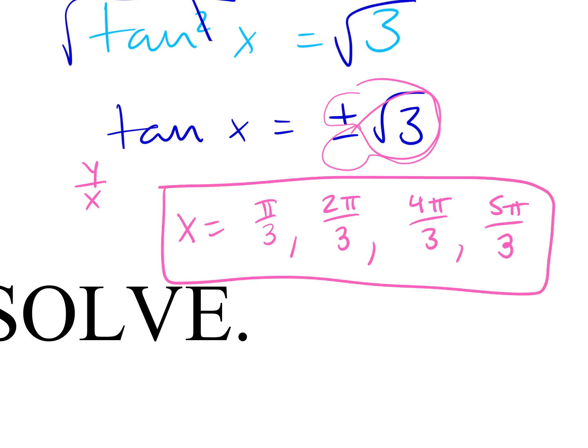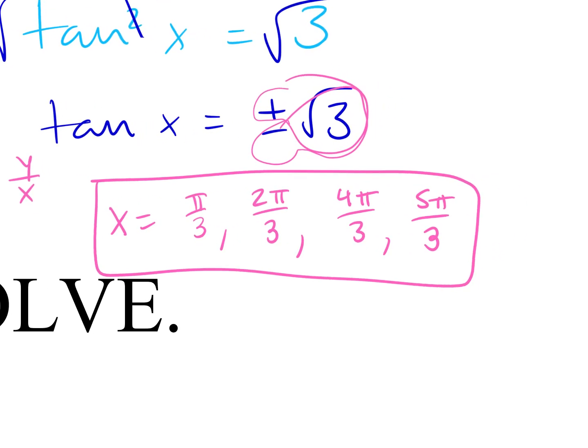Because these are all the values on our unit circle where we would get a positive square root 3 and negative square root 3 when we do the y over x. So you have to do y over x to figure out which one gives you the square root 3. And we care about the positive ones and the negative ones.